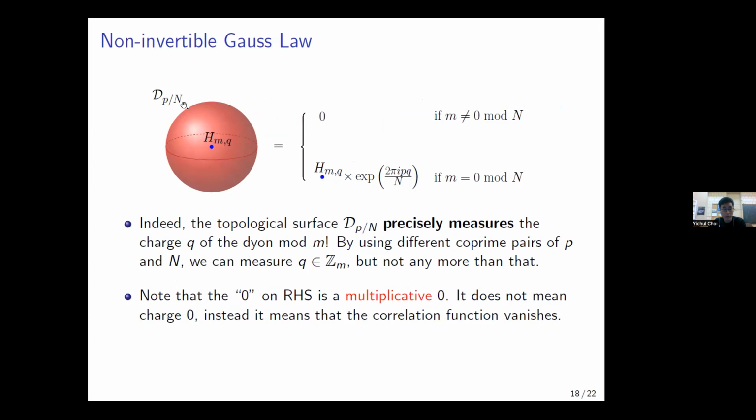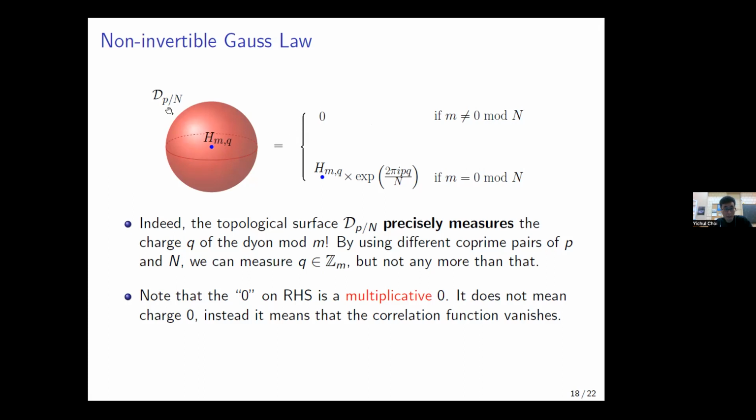Let me first tell you how D_{p/N} acts on this dyon and then try to explain what it really means. So I'm acting this D_{p/N} on this dyon. And if this big N does not divide the magnetic charge little m, then it simply annihilates the configuration. So it results in a vanishing correlation function.